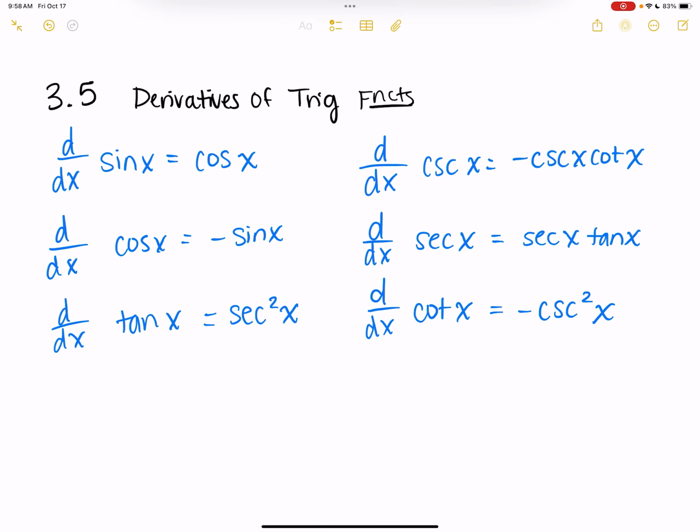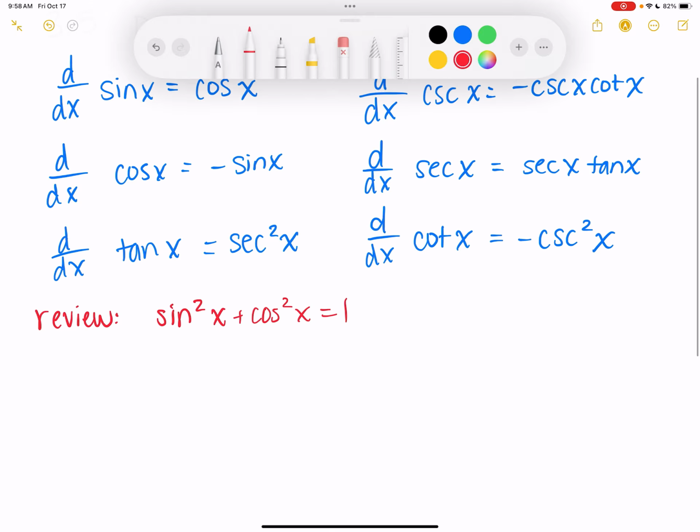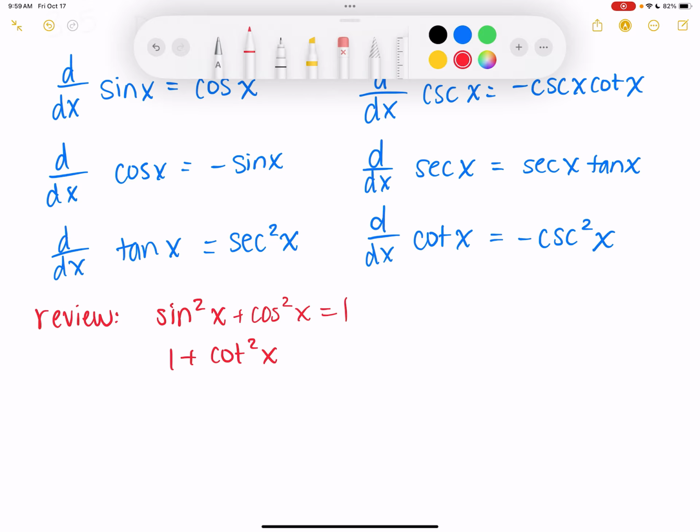Another thing that's often going to come in handy, more so as we're simplifying a problem, not so much with the initial finding of a derivative, is the Pythagorean identities. Sine squared x plus cosine squared x is equal to 1. 1 plus cotangent squared of x is equal to cosecant squared of x.